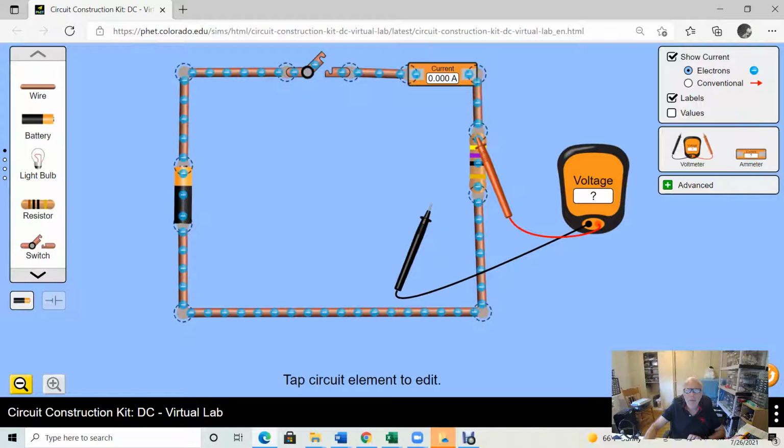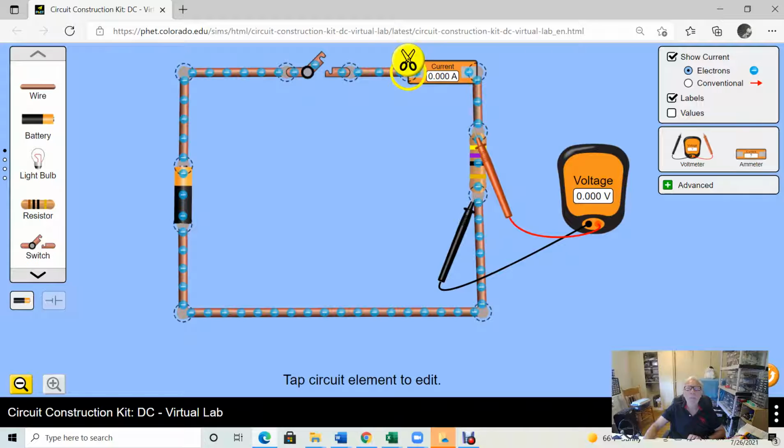Okay, gotta be careful. If I take this probe out of the end of the resistor, you're gonna get a question mark. But if I put it back, you get 0 volts. See, the ammeter is in series with the circuit. One item after another.